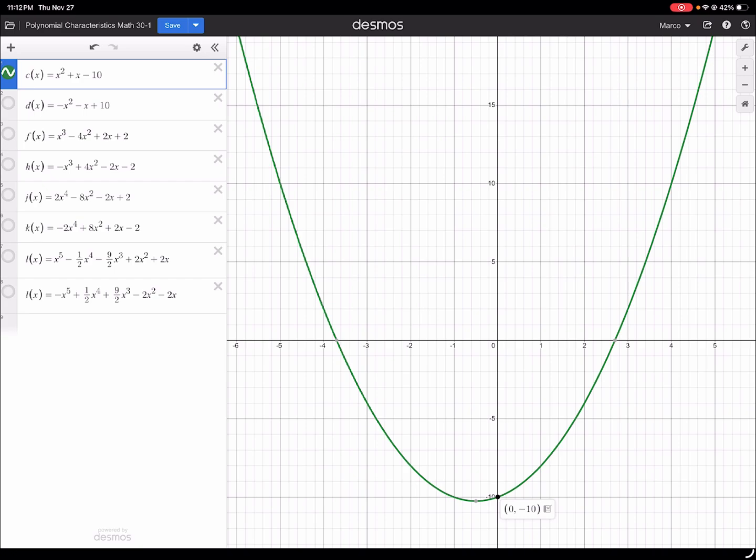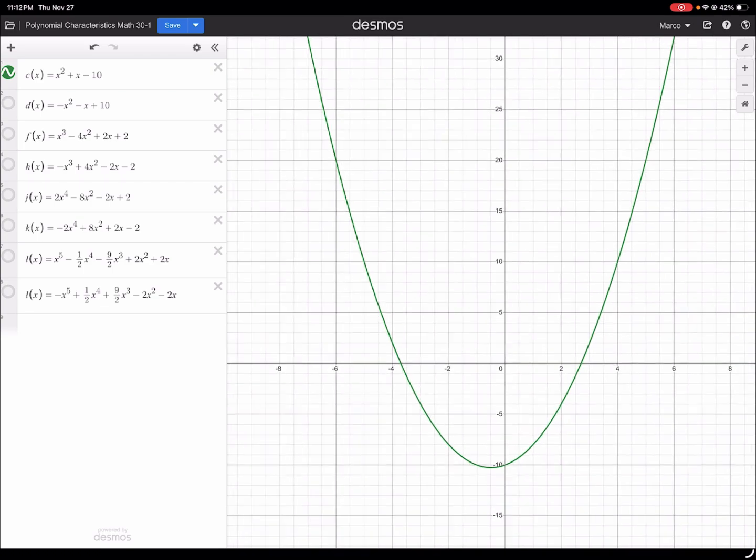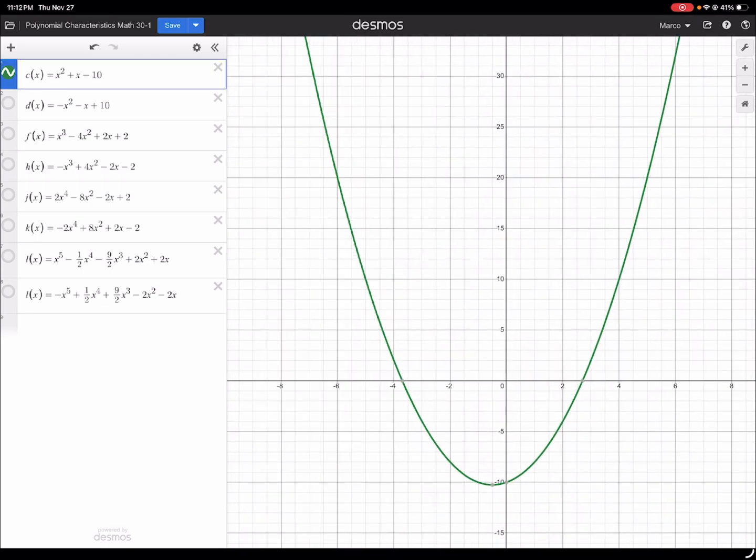Another thing to consider is the end behavior. As x moves to positive infinity, you can see the y values are getting infinitely bigger. Let's zoom out and show you that again. As x goes to positive infinity, the y values are going up, up, up. On the other side, as x approaches negative infinity, same thing, the y values are going up.